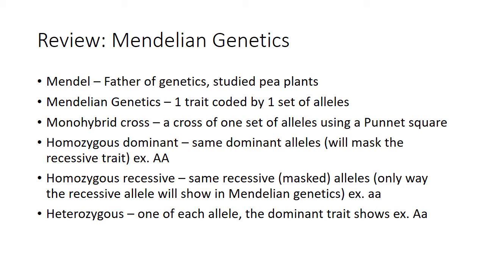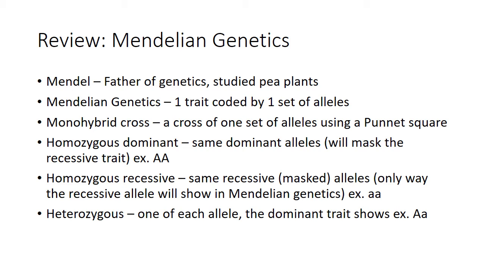And Mendelian genetics, as we call it, is one character coded by one set of alleles, one characteristic, one trait coded by one set of alleles. And all that means is you're either going to show it or you're not going to show it. There is no in between. And that is Mendelian genetics.